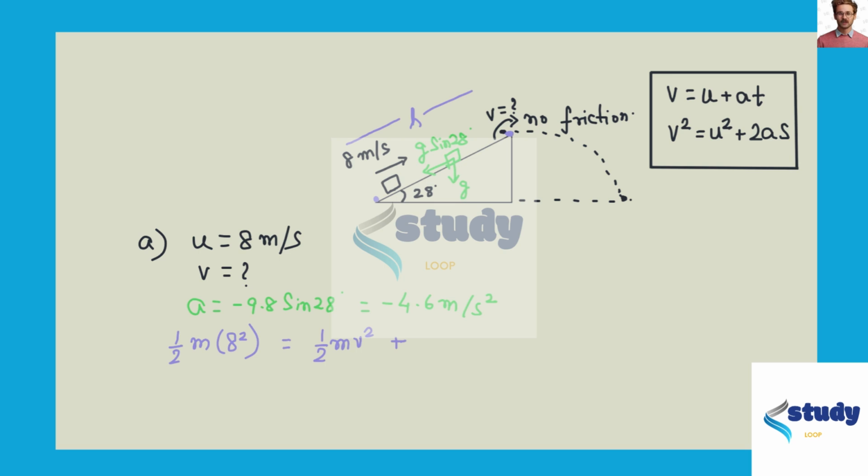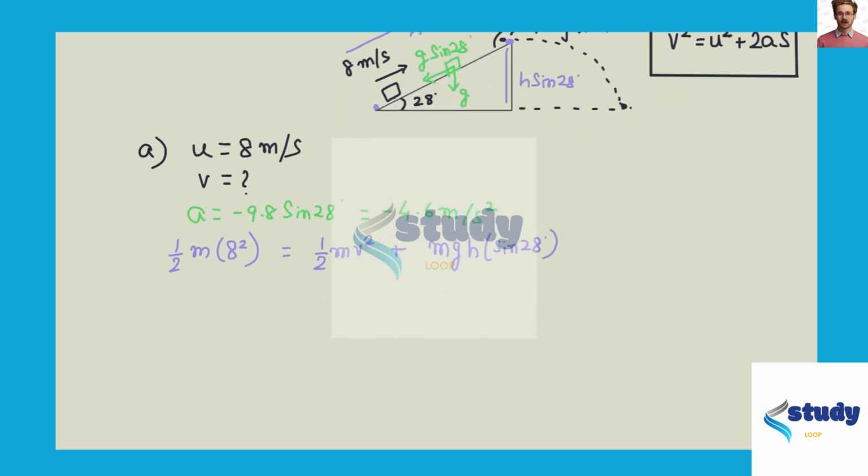Its height is h sine 28 degrees, so the potential energy is m g h sine 28 degrees. Solving this equation, we get 32 equals v squared by 2 plus g sine 28 degrees, which is 4.6, times h. Let's mark this as equation 1.